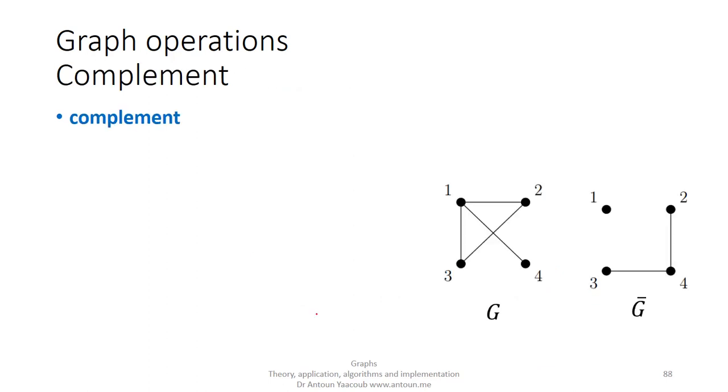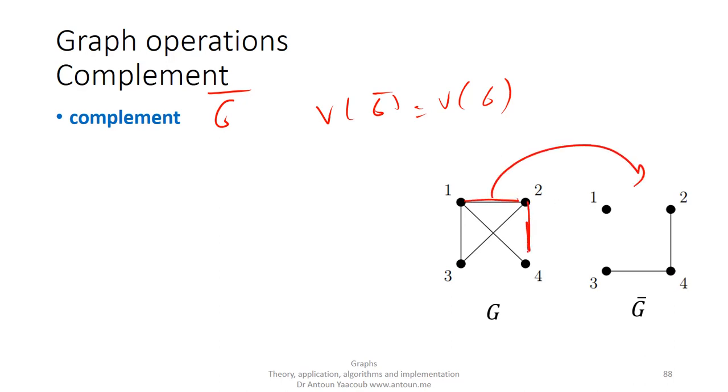We have the complement operation. The complement of graph G is called G bar. We have the same set of vertices. However, the edges are those that are not in E. So if I have an edge UV in G, I will not find it in G bar. And if an edge is missing in the first one, I will find it in the other one.